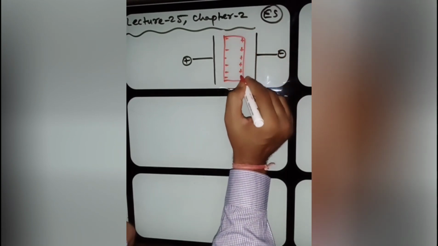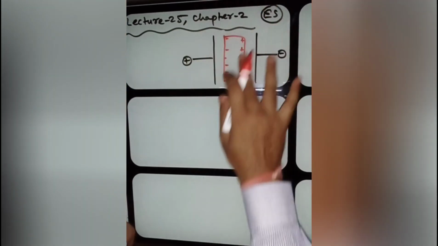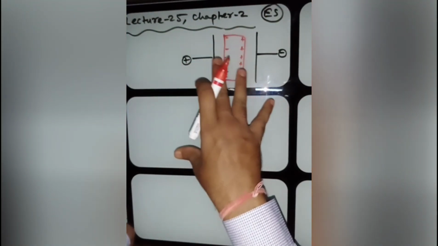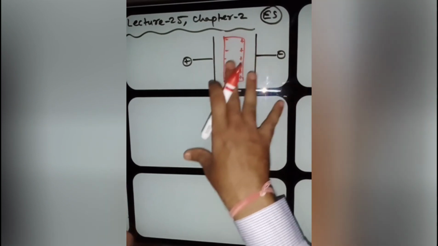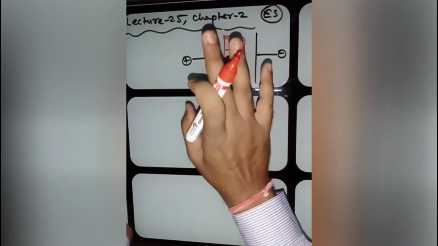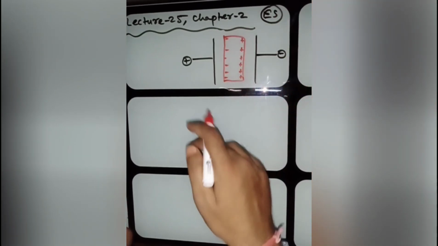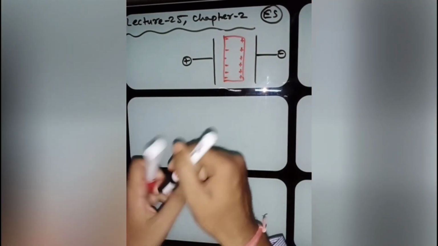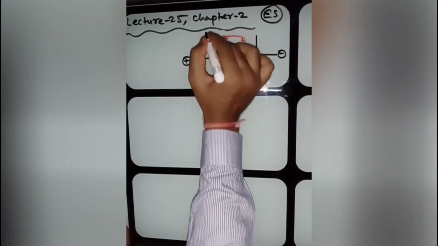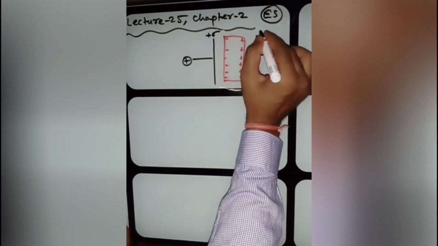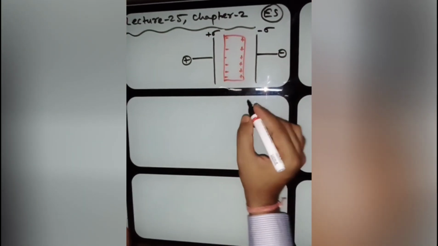Remember, there will be no net change in charge. Only the charges are induced, but no net change in charge. Here, suppose plus sigma on this plate and minus sigma on this plate.